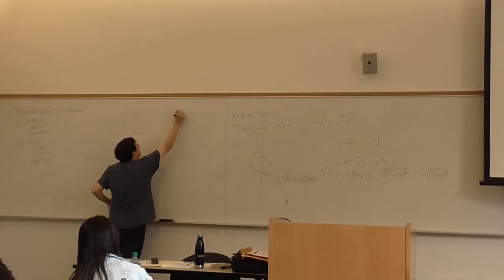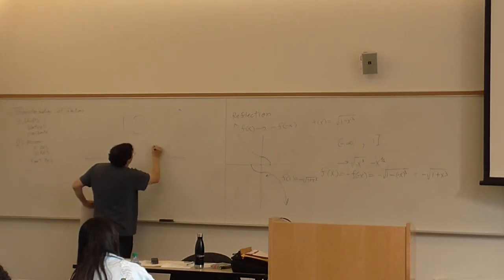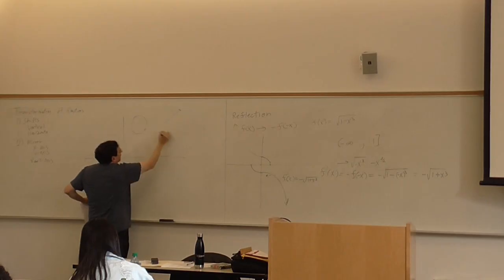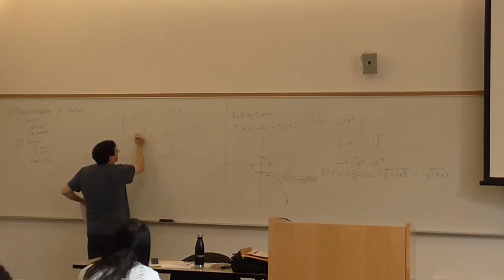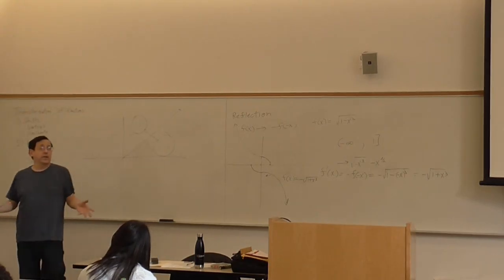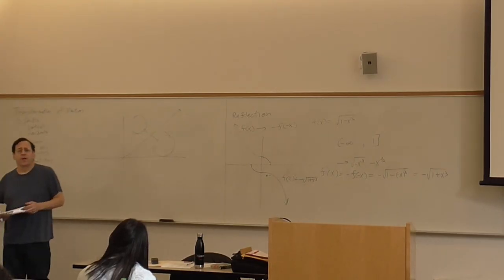It could be kind of a line like this. And then, you know, if you reflect each point, right, here, here, here, here, and so forth, you can have that kind of reflection. We are not going to do that, thankfully, in this class. That would be a bit complicated, right? But you should be aware that that's another possibility.